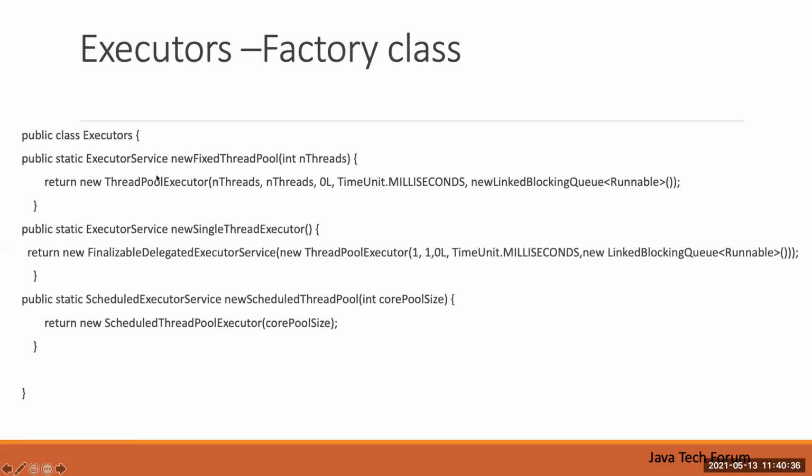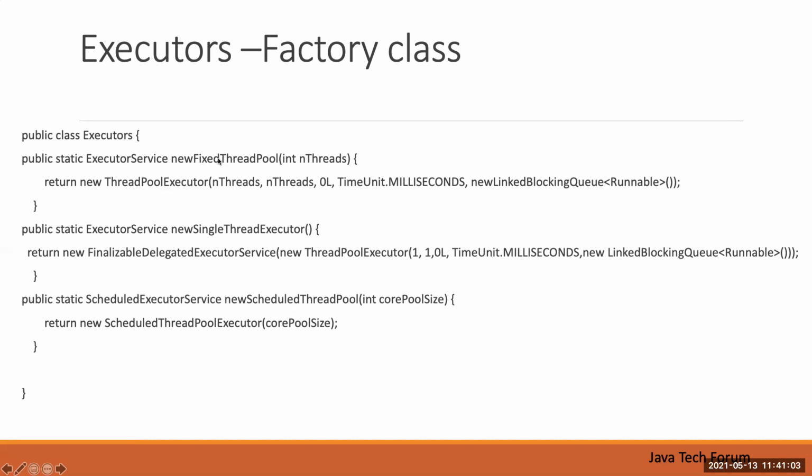So this is the Executors class. In the Executors class there are n number of object creation methods. The ThreadPoolExecutor itself has different varieties of constructors to create the object based on the consumer requirement, and all those constructors are taken here.